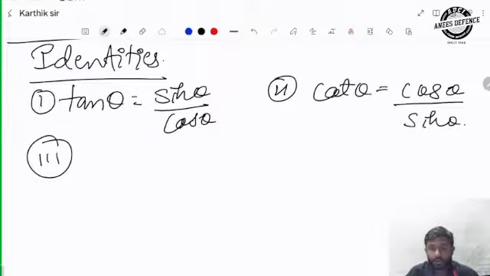The next three identities are again one of the most important. The next three formulas are used in a large number of places, and are also used while solving trigonometric equations.